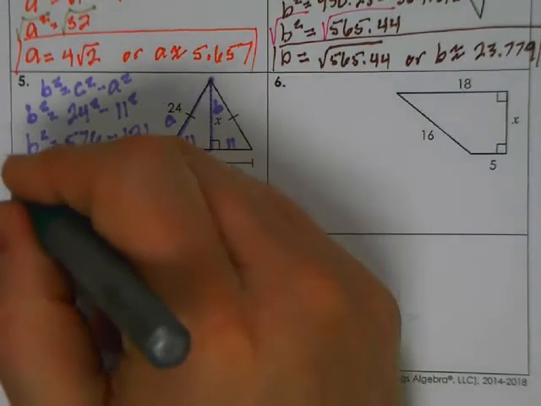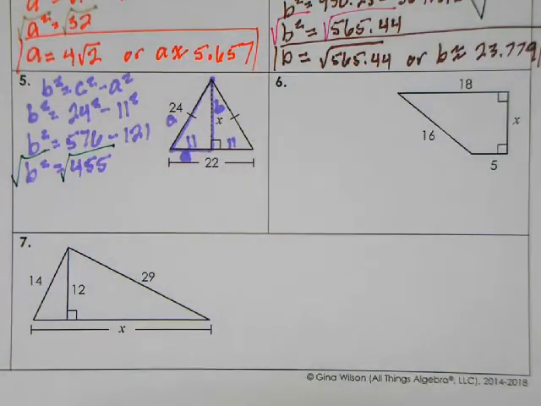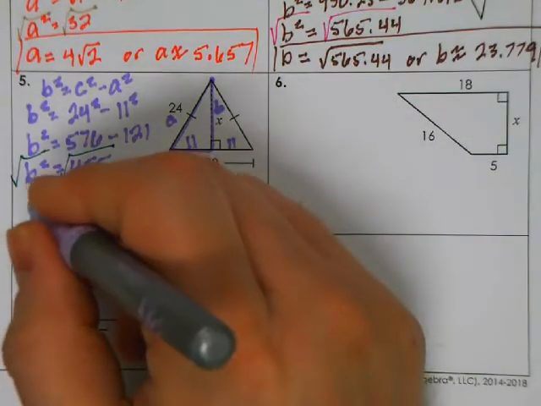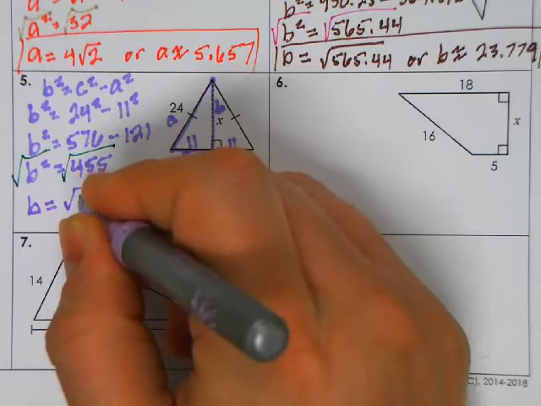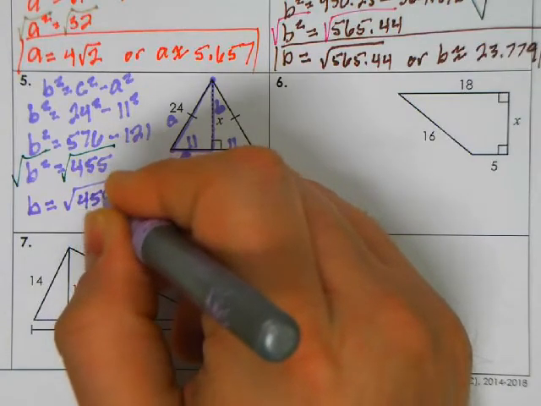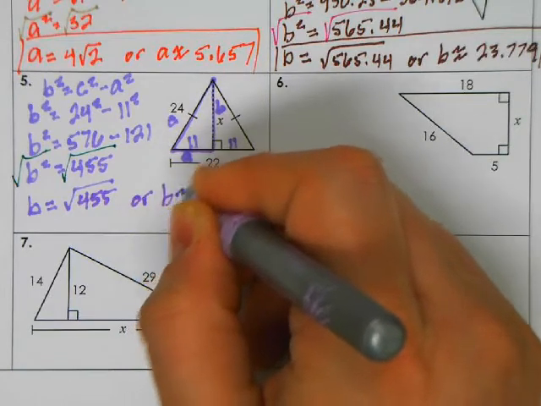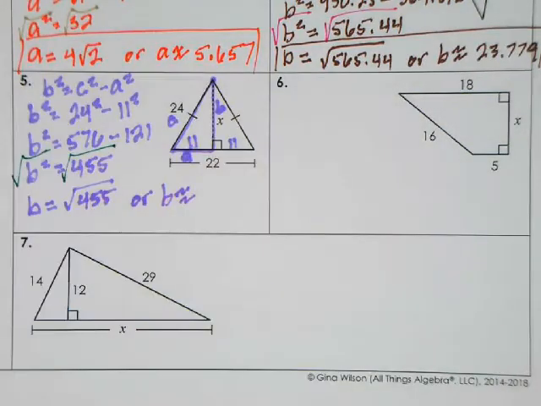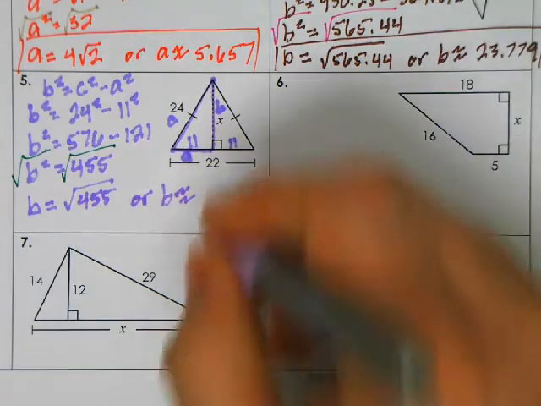But we can take the square root of both sides. And in this case, I would say b is equal to, as an exact number, the square root of 455. Or as an approximate value, we would get 21.331.